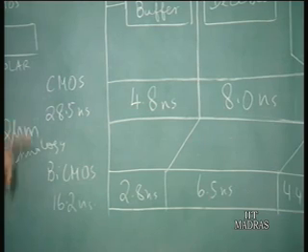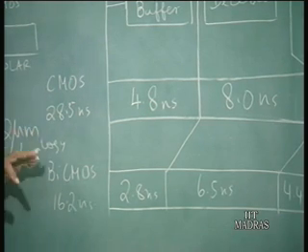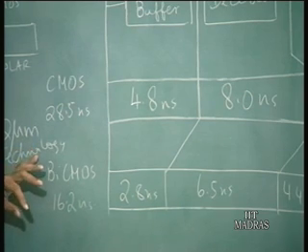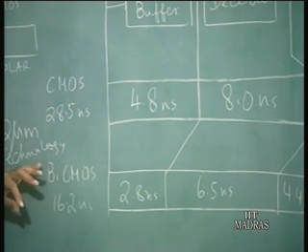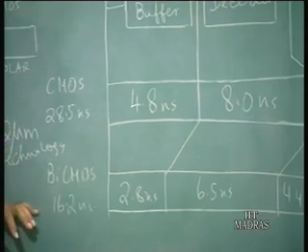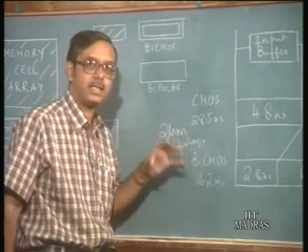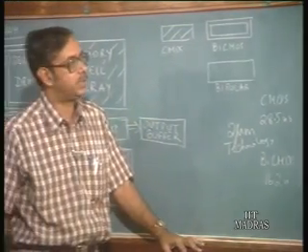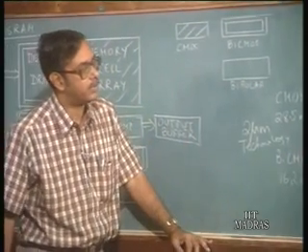So, you see that there is a large reduction in delay if we convert a CMOS static RAM into a BiCMOS static RAM by making the necessary changes, that is, by introducing bipolar transistors judiciously and in different regions.